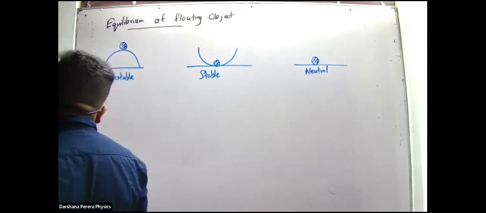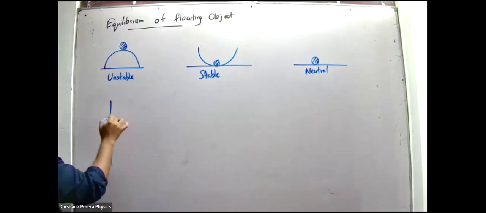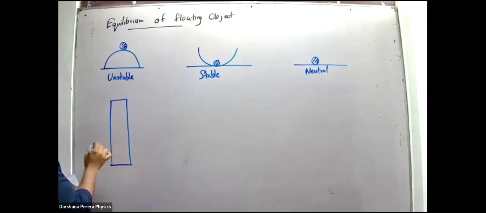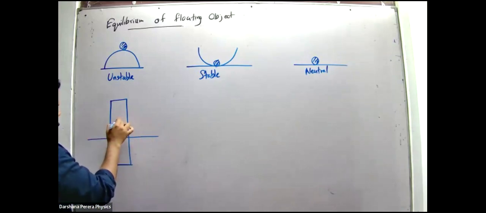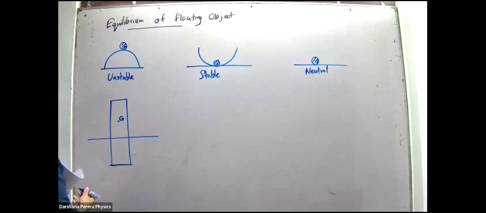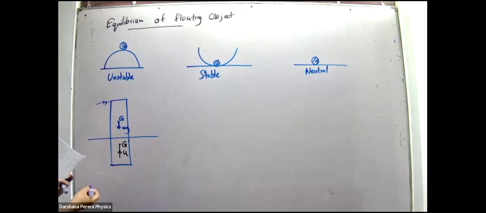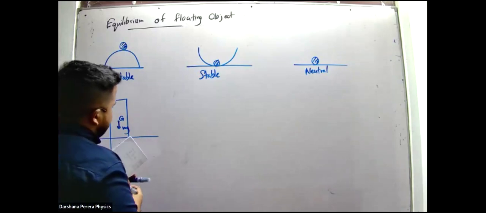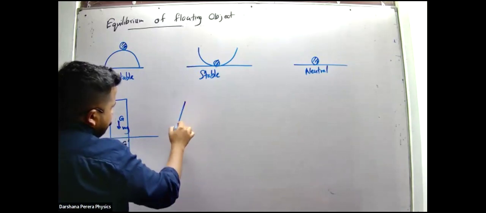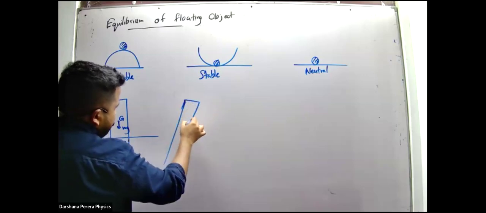So the floating object, if the center of gravity is located before the center of buoyancy, with U, and at the center of gravity mg acts. If we give a push, it comes to this state. It is situated like this.